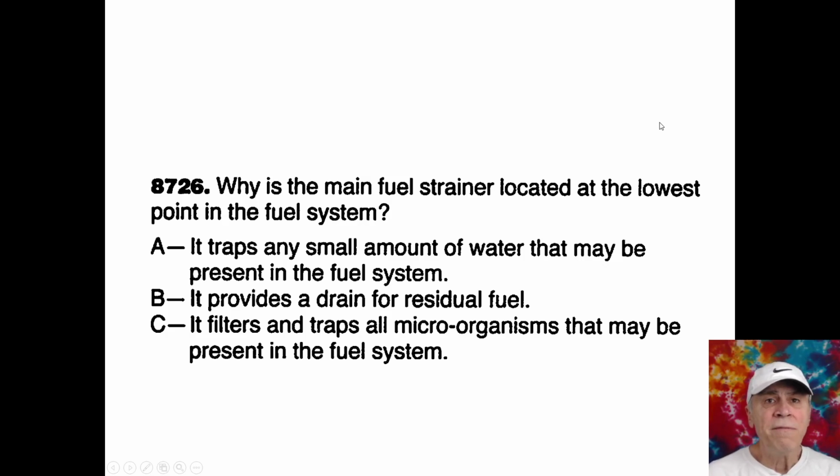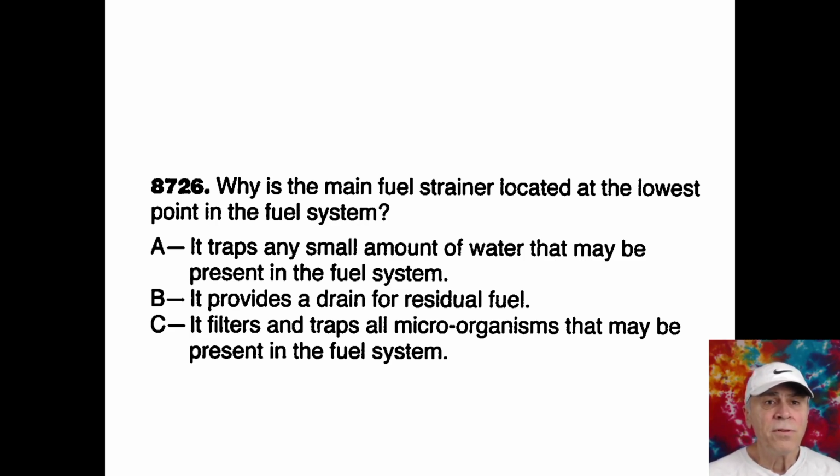Why is the main fuel strainer located at the lowest point in the fuel system? A, it traps any small amount of water that may be present in the fuel system. So far, not too bad. B, it provides a drain for residual fuel. The drain part's right, but not for the residual fuel.